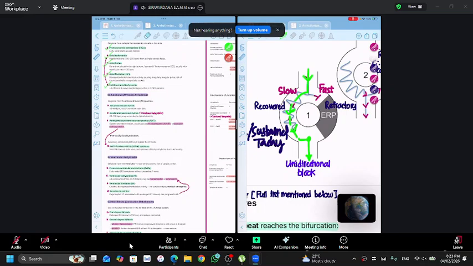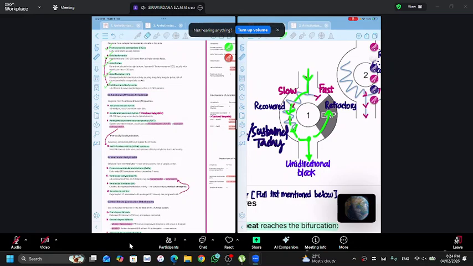And for the other impulse, this fast conducting zone has now recovered. Even though it has a long refractory period, there is now enough time for it to recover. Now this is able to conduct again, so it starts conducting in a retrograde direction.